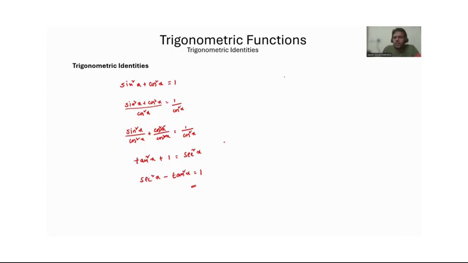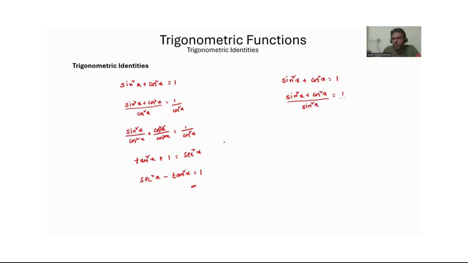Then the other trigonometric identity that we can also get from this one: sin square x plus cos square x equal to 1. Now divide by sin square x on both sides.